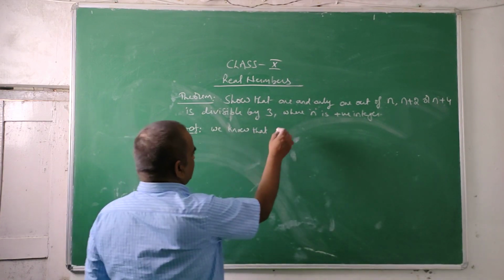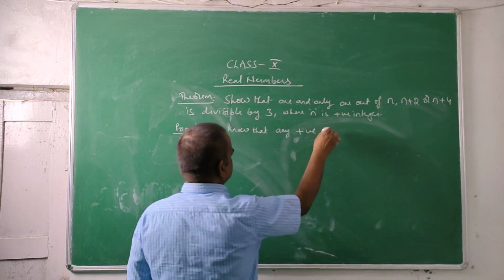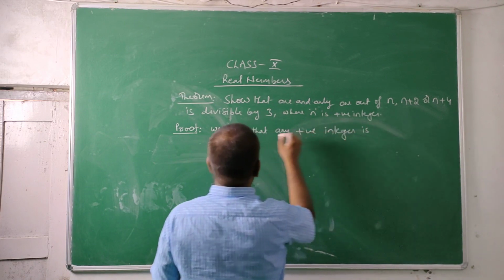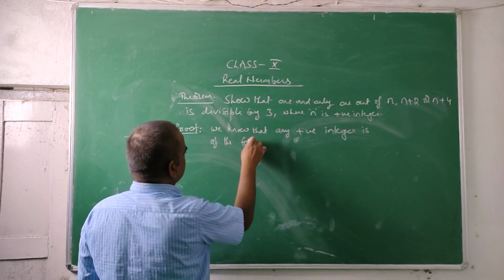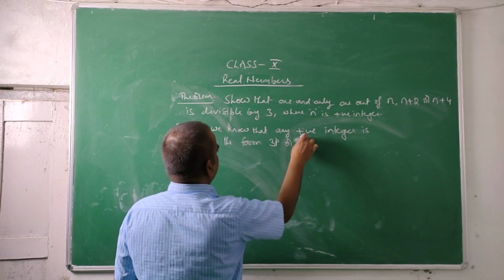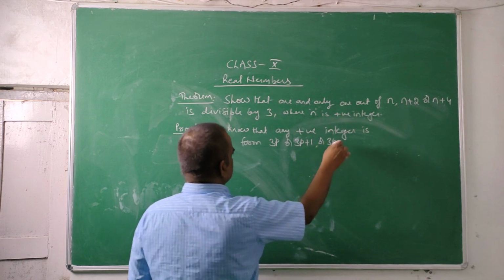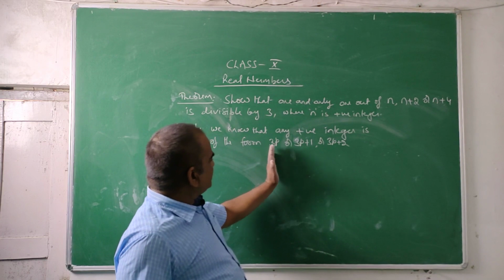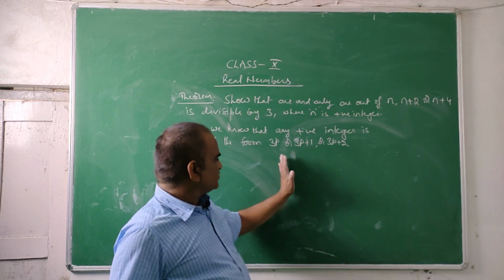So we know that any positive integer is of the form, we have proved this, 3p or 3p plus 1 or 3p plus 2. So, every positive integer is of the form 3p or 3p plus 1 or 3p plus 2.